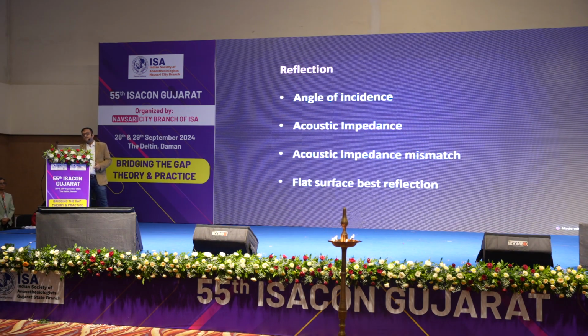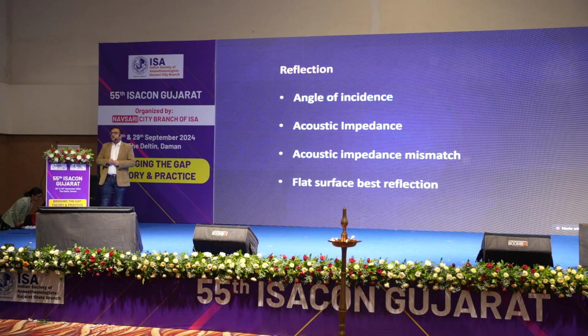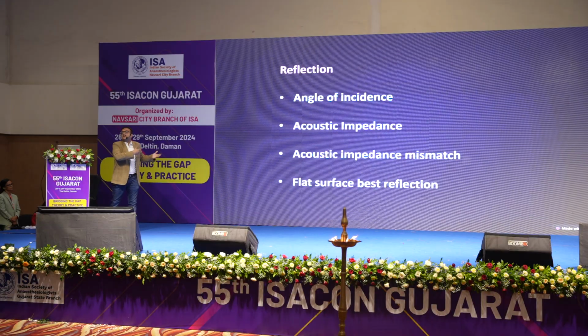Then for the reflection, acoustic impedance and acoustic impedance mismatch. These are really interesting. What is acoustic impedance? It is how much resistance it offers. And acoustic impedance mismatch means, if I give an example, if I am walking with a very fatty guy and anybody asks who is Dhairya, everybody is going to say that the thin guy is Dhairya. But if I am walking with a 40 kg guy and anybody asks who is Dhairya, the same people are going to say the fatty guy is Dhairya.